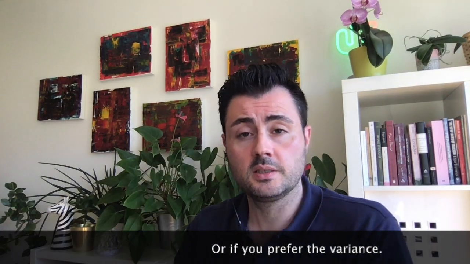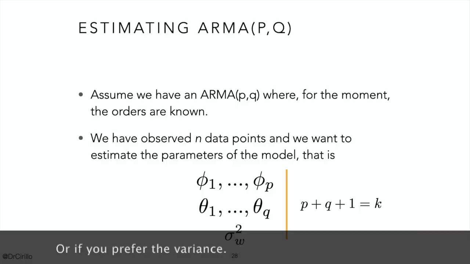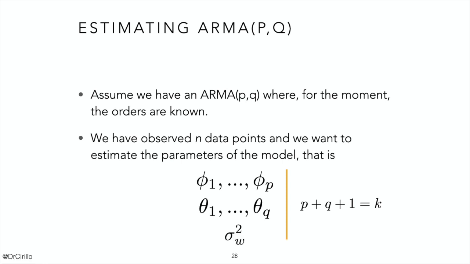Moreover, there is another parameter, which is the standard deviation of the white noise that will be what remains after we are able to remove all the information in the time series. So in total, in an ARMA model (p, q), we have p plus q plus 1 parameters to be estimated. In estimating ARMA models, the most reliable approach is maximum likelihood.